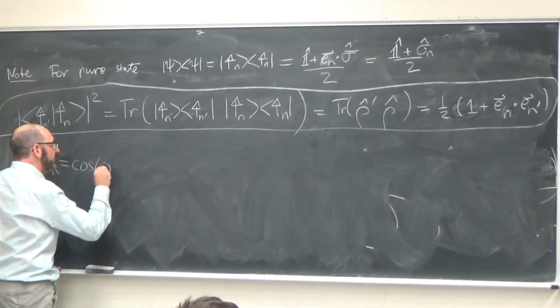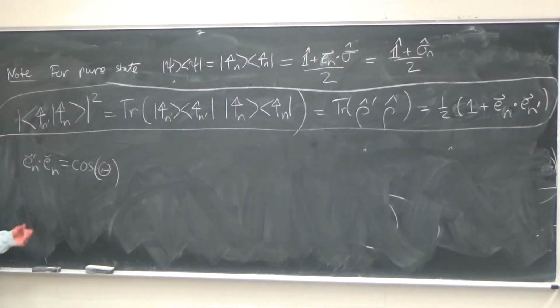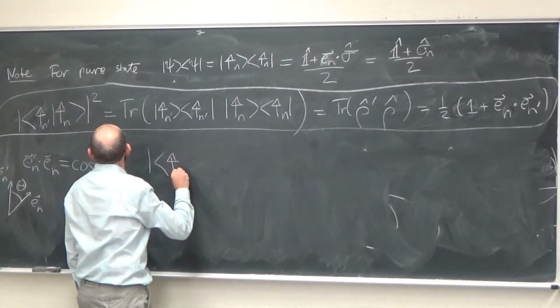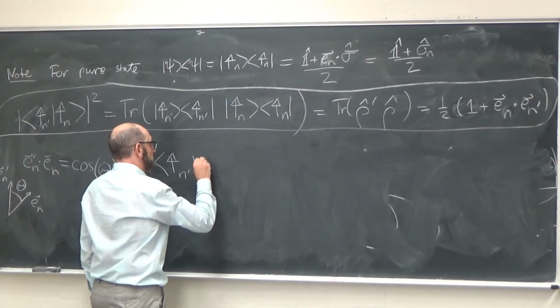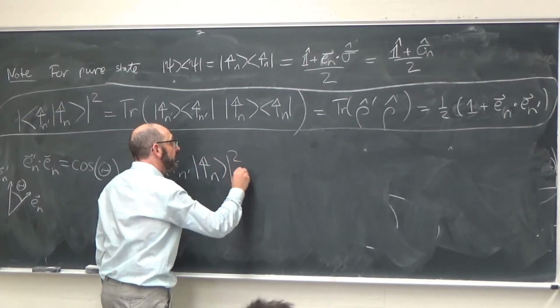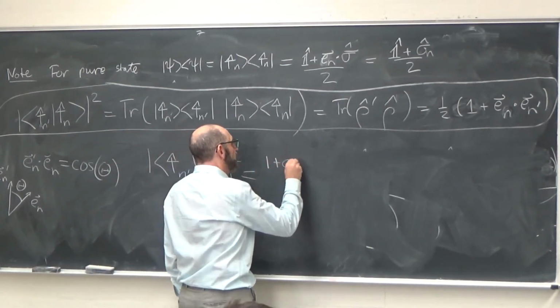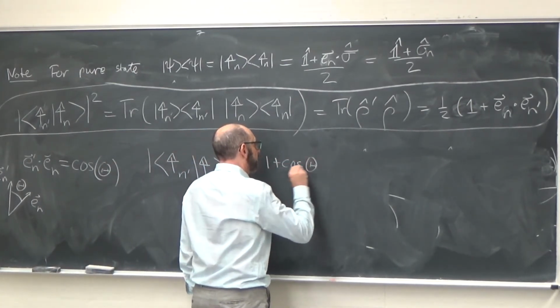Therefore, the dot product is the cosine of the angle between those 2 vectors. Then the inner product, the square of that, is (1 plus cosine theta) over 2.